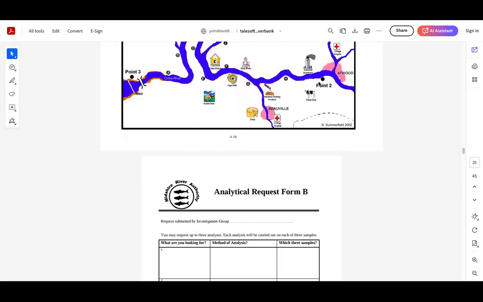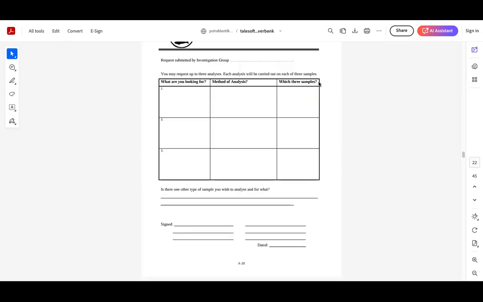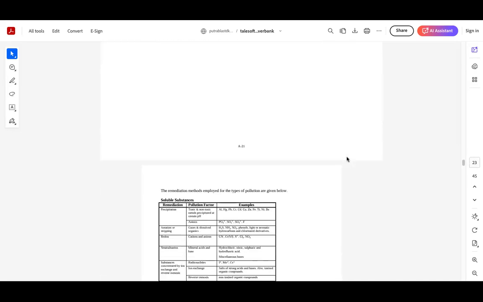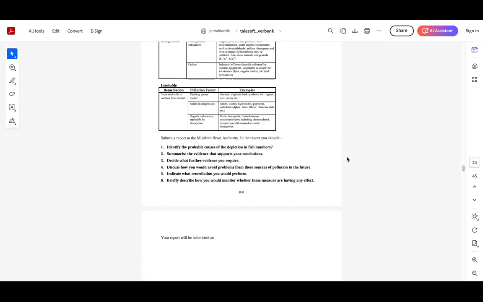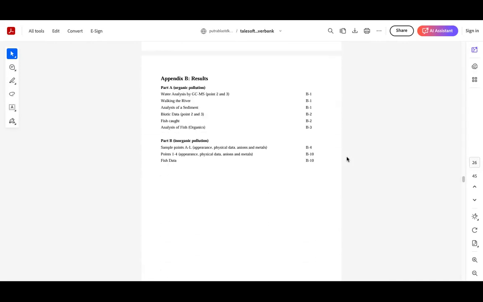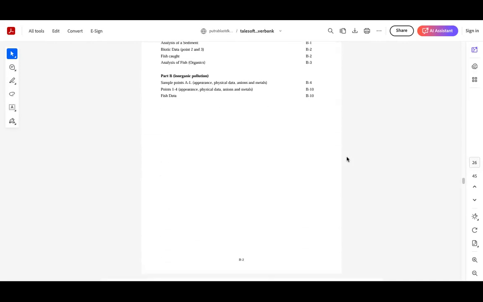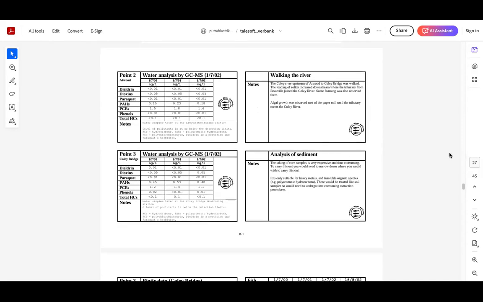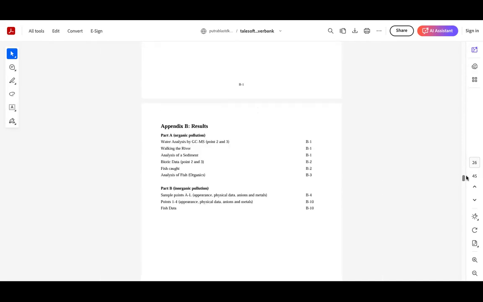So that one you have to answer. This you can fill up in this form. So these are all appendices on data analysis that you can use to answer the questions.